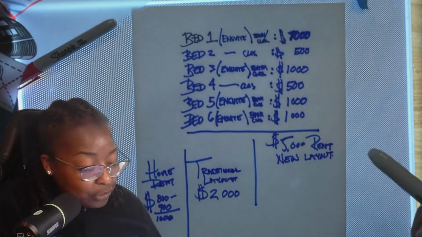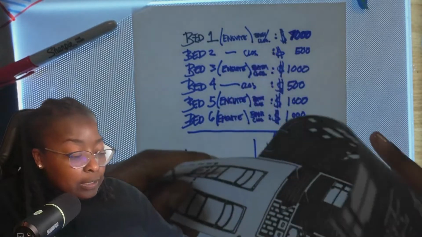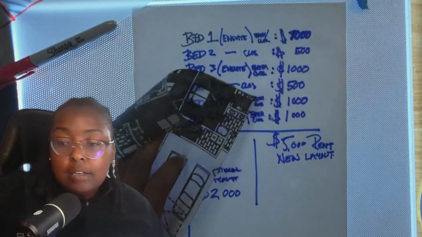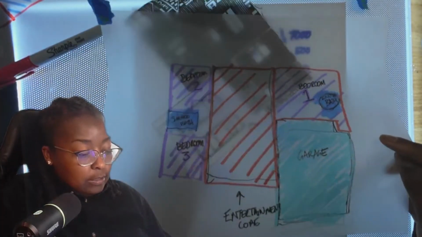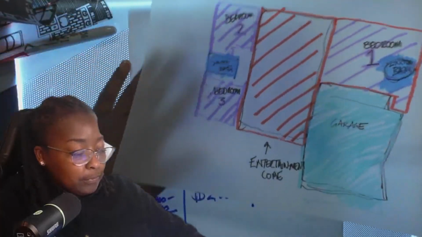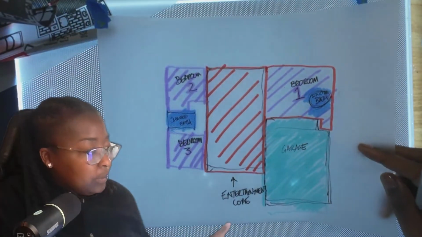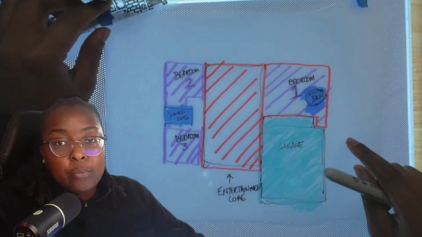I would just kind of show you my design process when I look at a floor plan and how we can change it from this layout here, which we started out with, recapping.